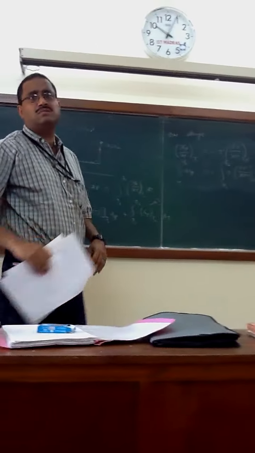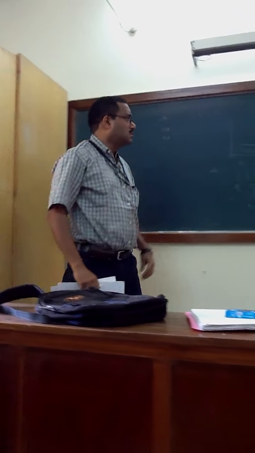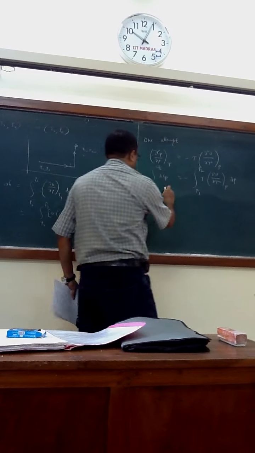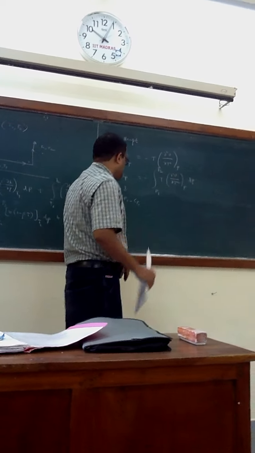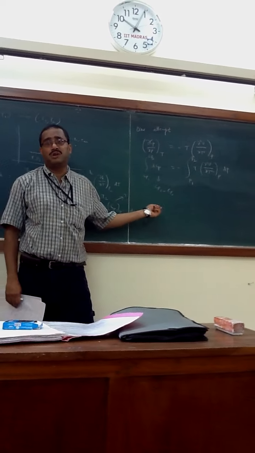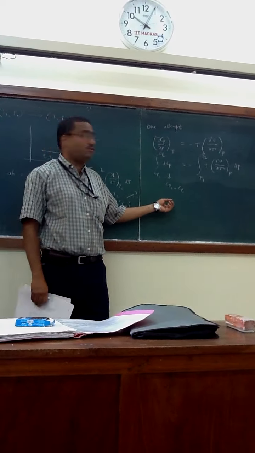You can write this, right? And this will give you Cp2 minus Cp1. Again, you have to know Cp1 to get Cp2. If you know Cp2, this problem is solved.